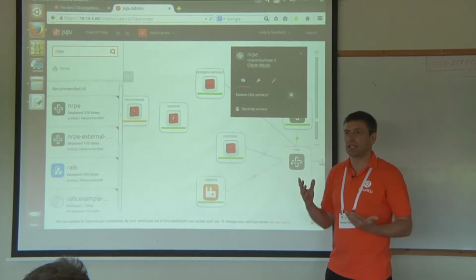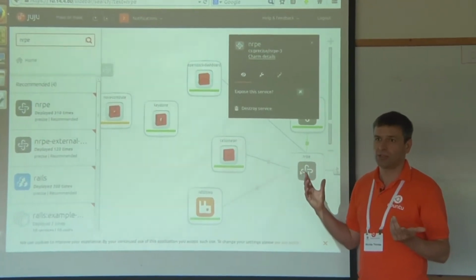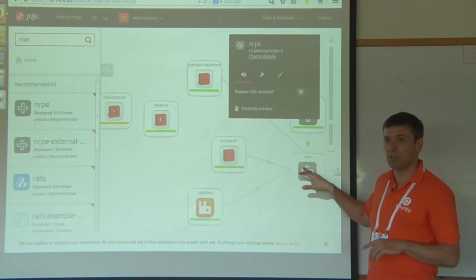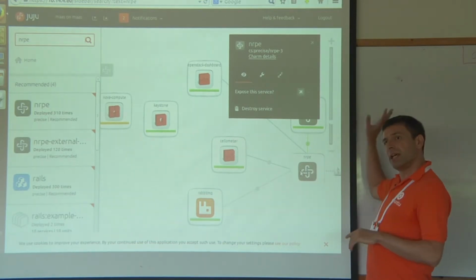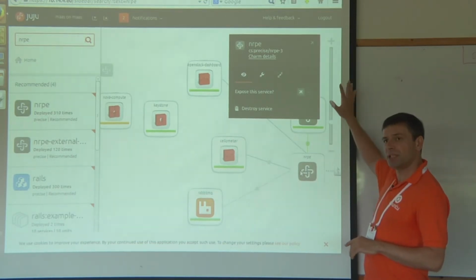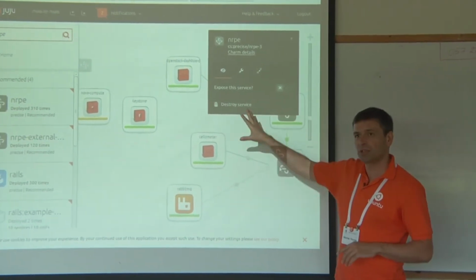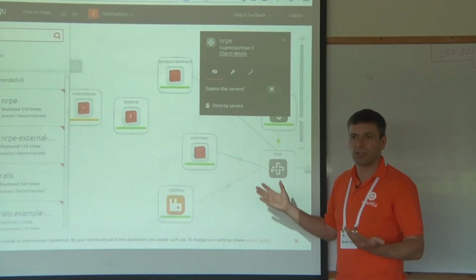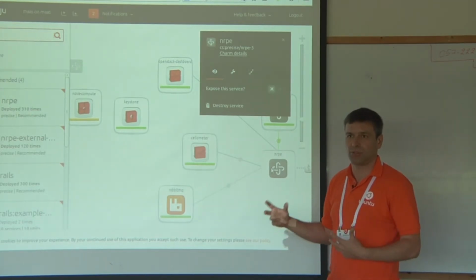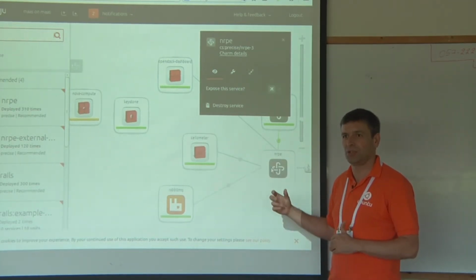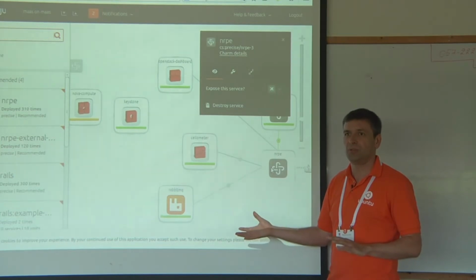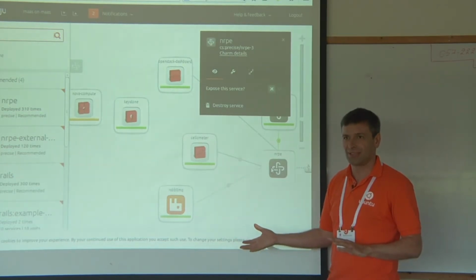And if you don't like Nagios, or if you have an external Nagios, there is another charm where you just configure it, hey, I already have Nagios, it's here on my network, and this little charm will just push things to the Nagios that you already have. You don't have to install something new in Juju to be able to reuse the stuff you already have.